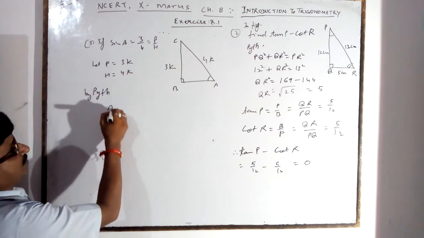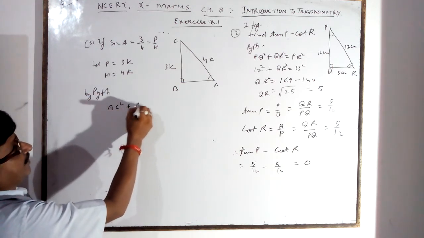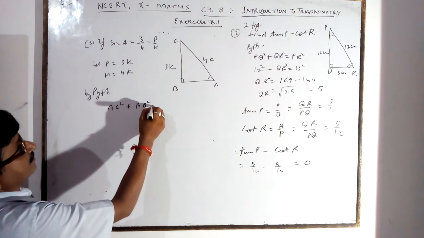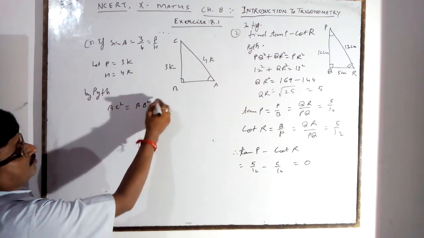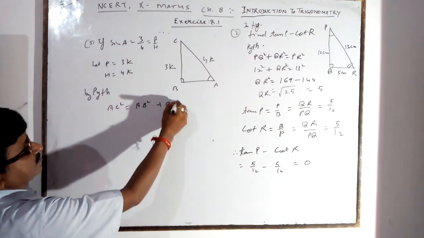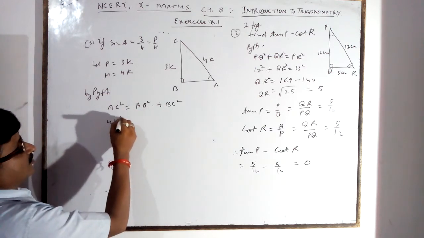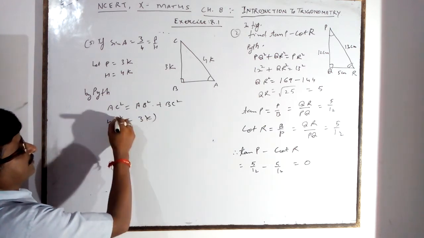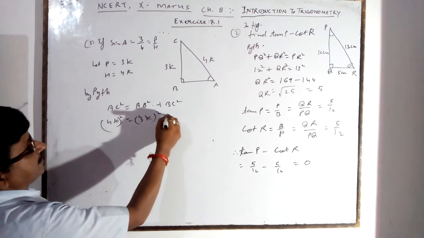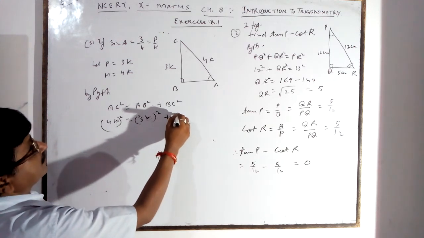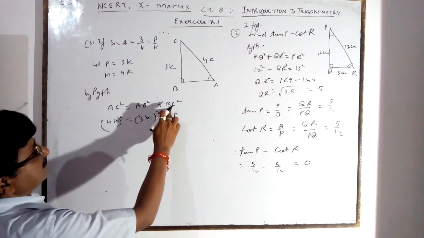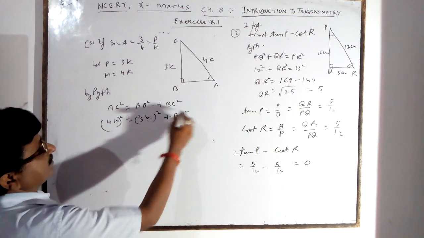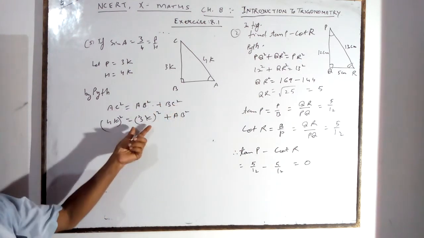AC square is equal to AB square plus BC square. 4K square is equal to 3K square plus AB square. At the place of BC you are writing 3K.